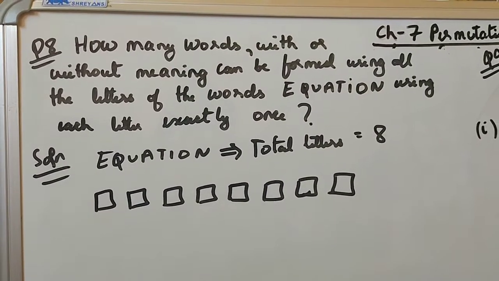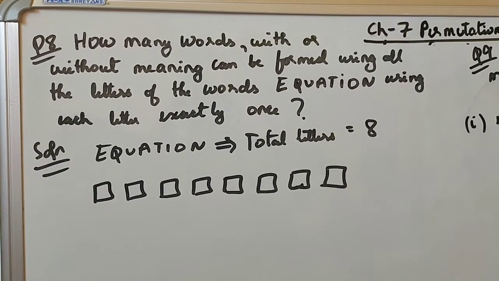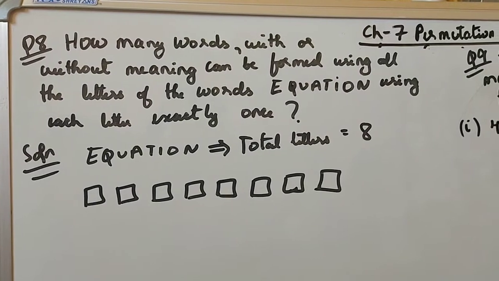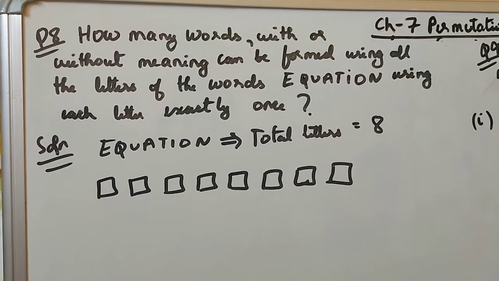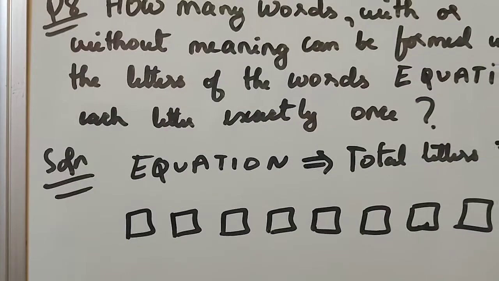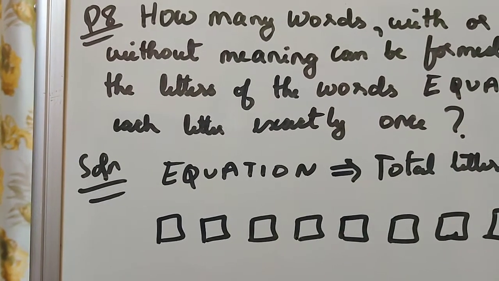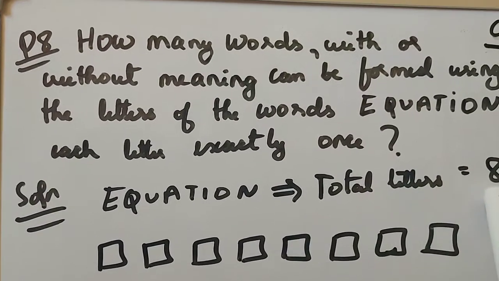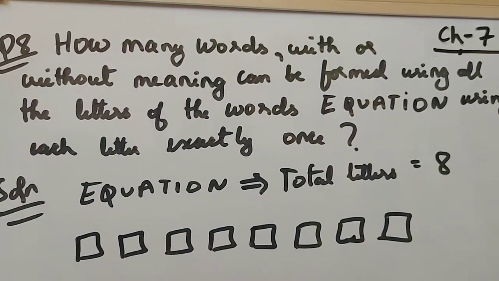So this is question number 8. How many words, with or without meaning, can be formed using all the letters of the word EQUATION, using each letter exactly once? Now you will see here that none of the letters are repeating. So total letters are 1, 2, 3, 4, 5, 6, 7, 8, so 8 letters are there.